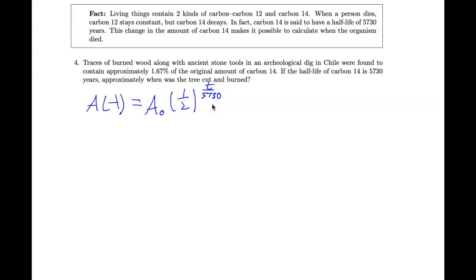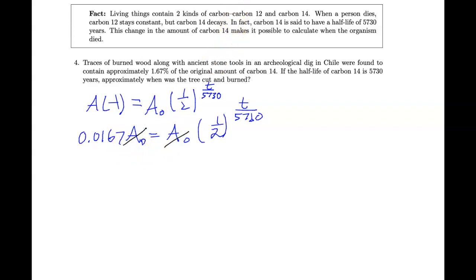And what we have is that it's 1.67% of the original amount. So changing this to a decimal, we'll have 0.0167 A naught equals A naught times our 1/2 to the t over 5,730. And so we're going to solve for t. We're going to divide both sides by A naught, so essentially they're gone.